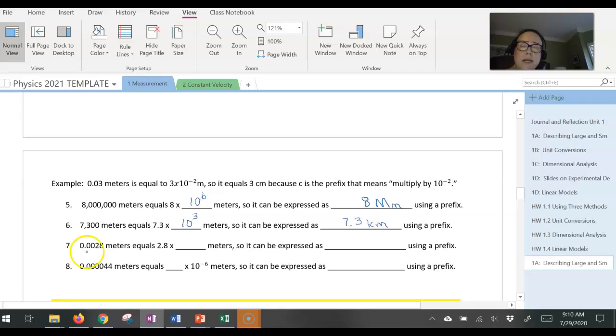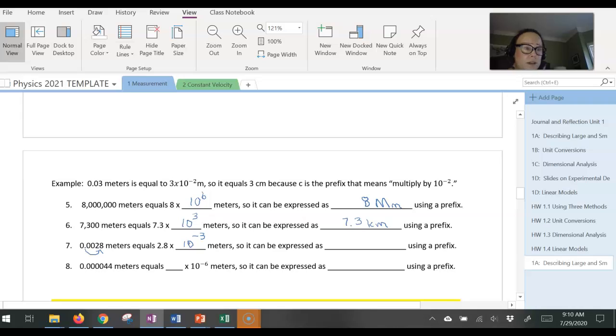The next one has 0.0028 meters. And so that equals 2.8 times what? Well, to find out, I have to move my decimal point 3 places to the right. So that's 2.8 times 10 to the negative 3 meters.